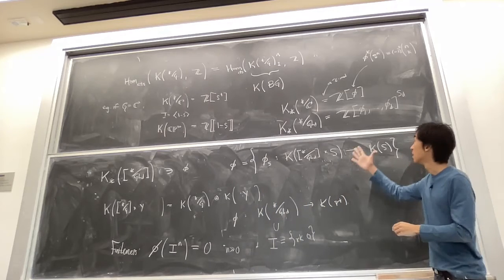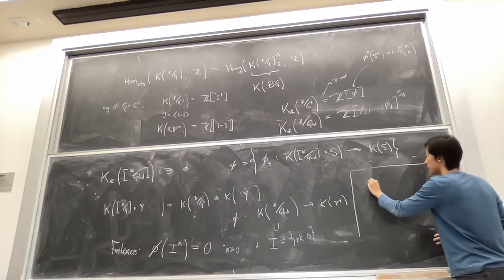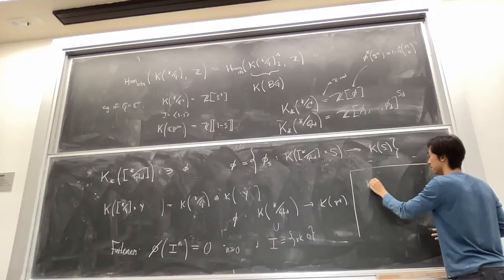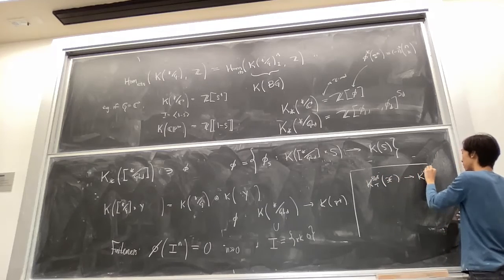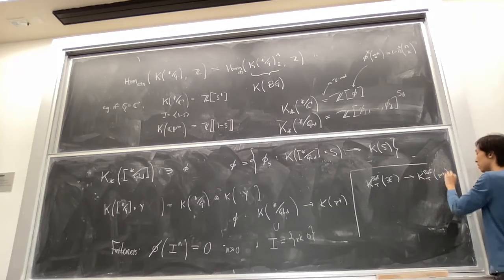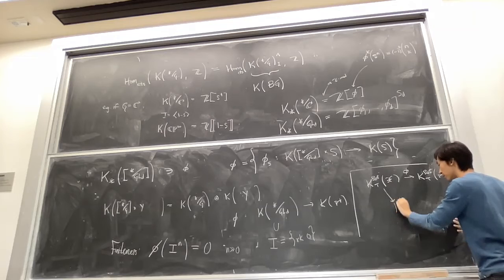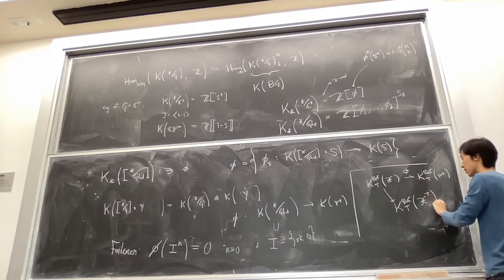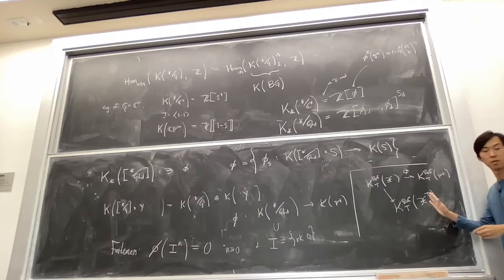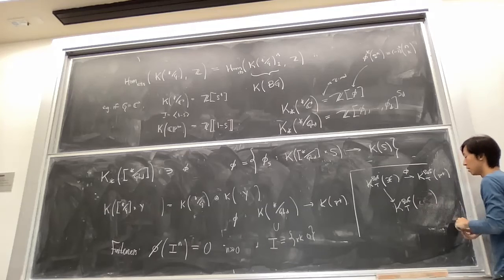Which is why I don't write down some axiom that says if you think about the map K^op_T of our stack into K^op_T of a point, the axiom is not that this has to factor through K^op_T of the X fixed locus, whatever this means. This is some super complicated object. The actual axiom is that it factors through some stack.